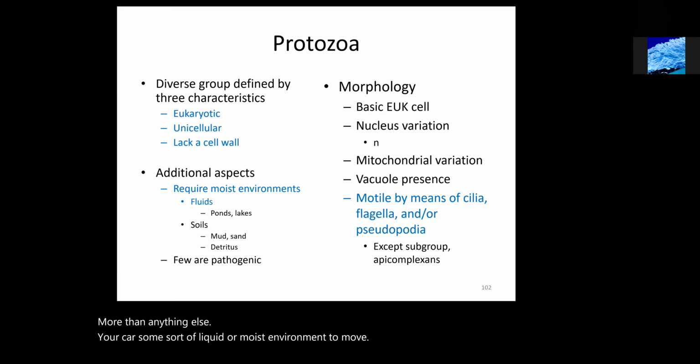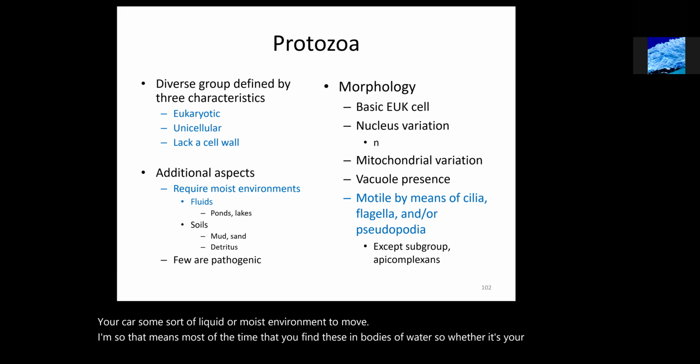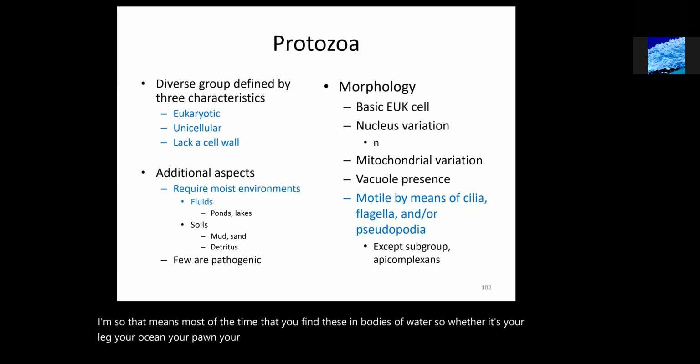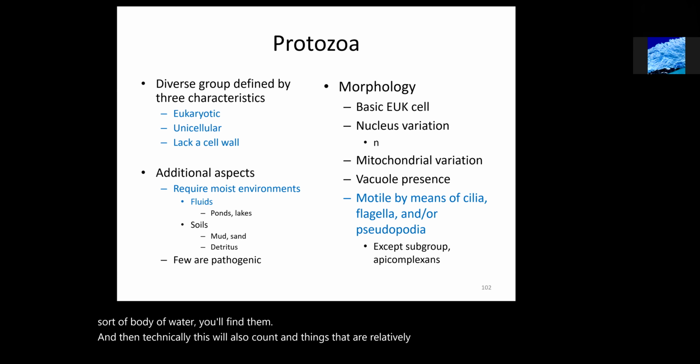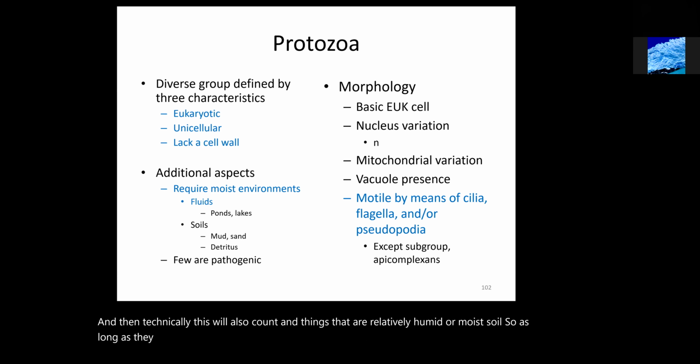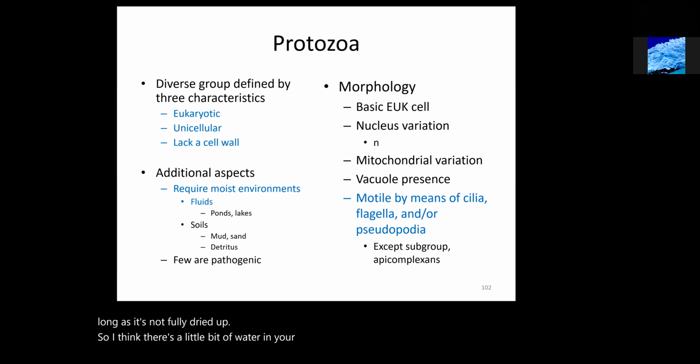So most of the time, you'll find these in bodies of water, whether it's your lake, your ocean, your pond, your puddle, your glass of water, your pool, anything that has some sort of body of water. Technically this also counts in things that are relatively humid or moist, like soil, as long as it's not fully dried up. As long as there's a little bit of water in your dirt, that counts as well.